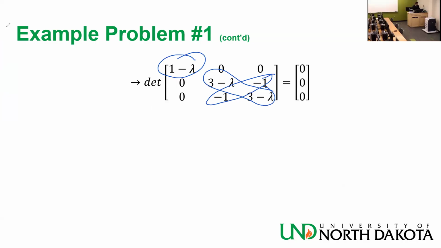Then you do minus, you take this, you multiply by this, subtract by this, and then you take the last one, you multiply by this, subtract by this, and so on and so forth. Okay, this is how you do the determinant.